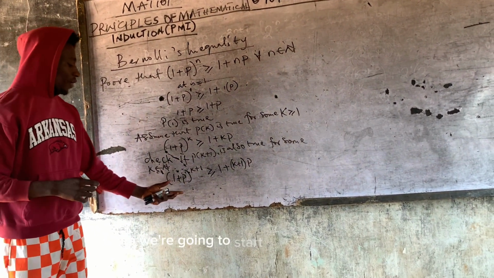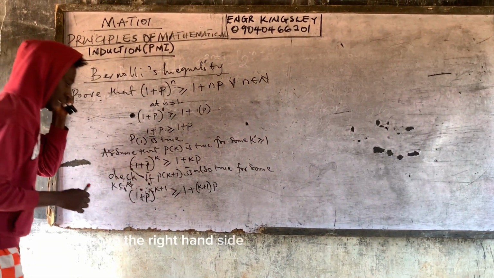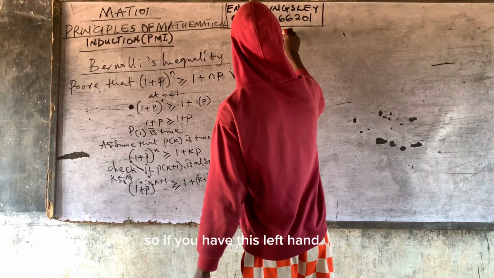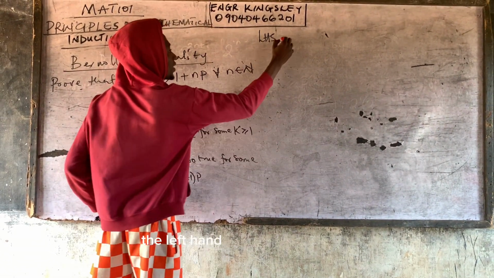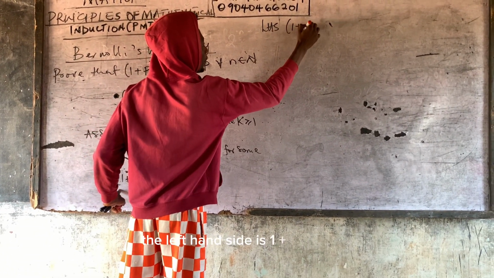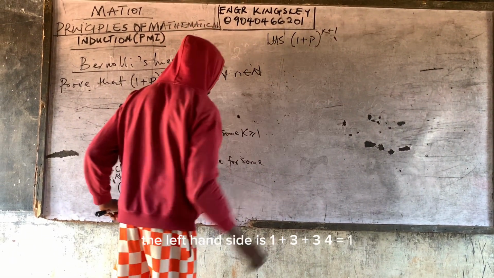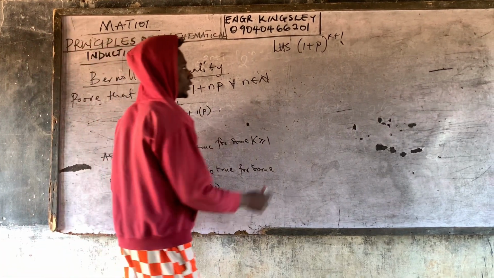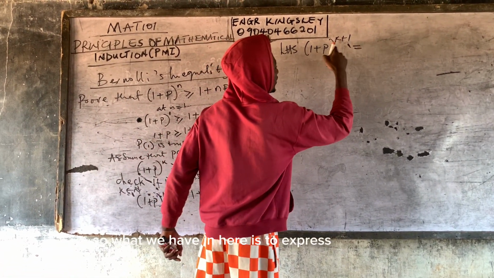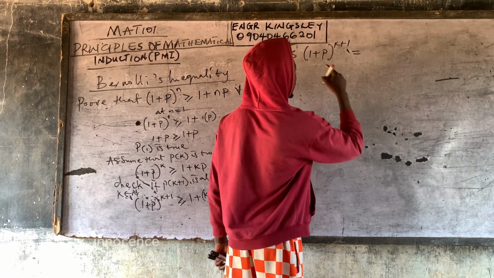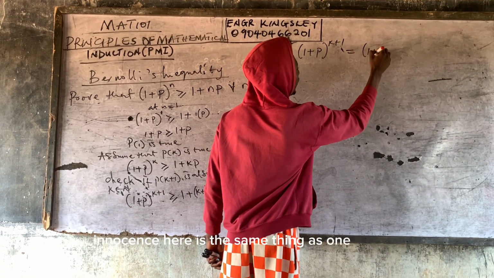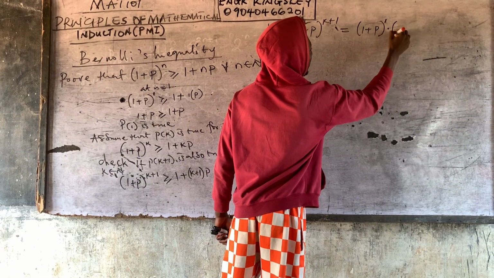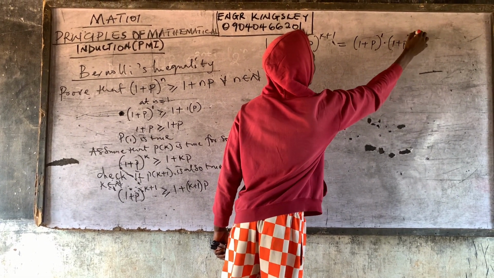Okay, so we're going to start from the left hand side to prove the right hand side and see what we have there. The left hand side is (1 + p) raised to the power k + 1. Let's check if it is greater than or equal to the right hand side. So we express it using indices. Here is the same thing as (1 + p) raised to the power 1 multiplied by (1 + p) raised to the power k.